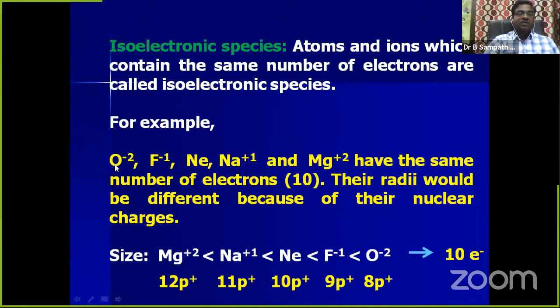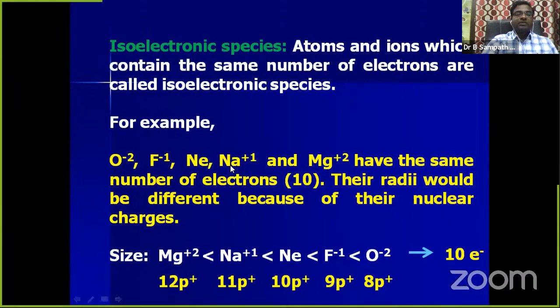See, children, actually the atomic number of oxygen is 8 only. So after gaining these 2 electrons, 8 plus 2, 10 electrons. And here the atomic number of fluorine is 9. So after gaining this 1 electron, 1 plus 9, totally 10 electrons. Like that, neon has 10 electrons, and this atom does not lose or gain any electrons.